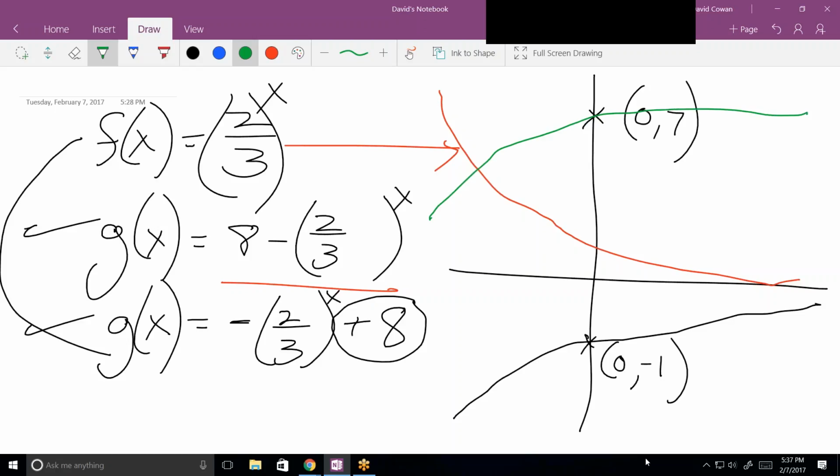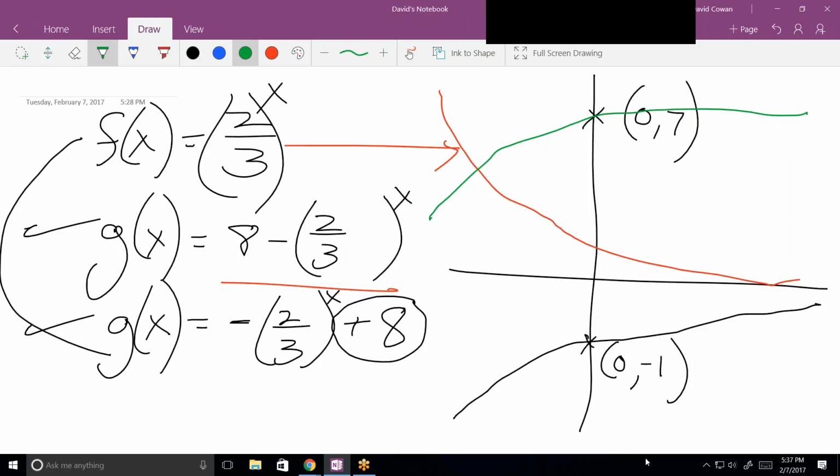If I was describing that, I would say it was reflected over the y-axis. No, over the x-axis. Notice the black is a vertical reflection of the red, a reflection over the x-axis, not the y-axis.